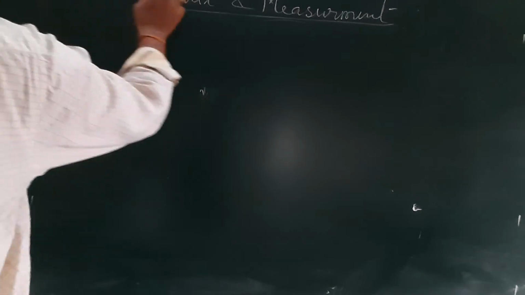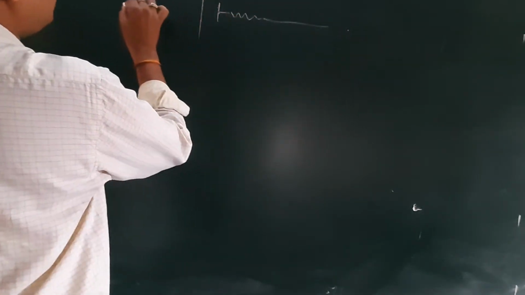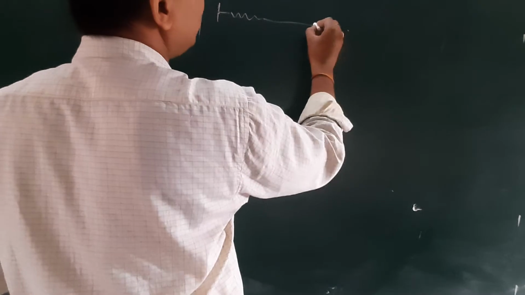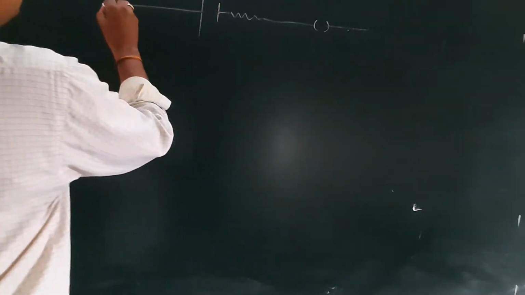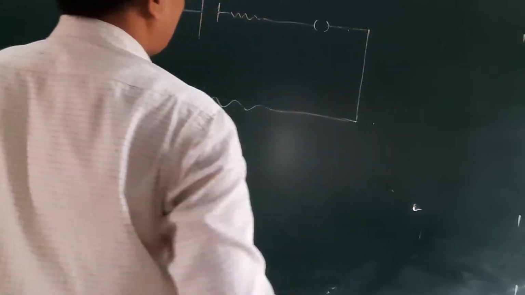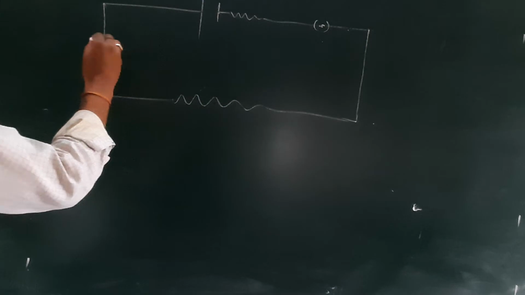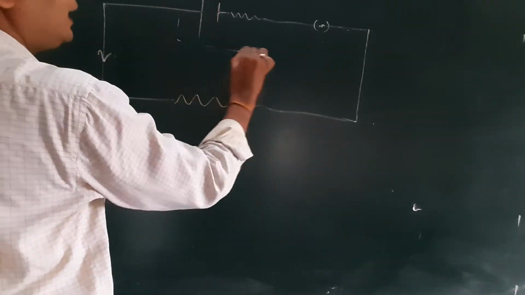Terminal potential difference. What is terminal potential difference? The potential difference across the two terminals of the cell when it is in closed circuit. Now I am supposing that the cell is supplying some current in this circuit.